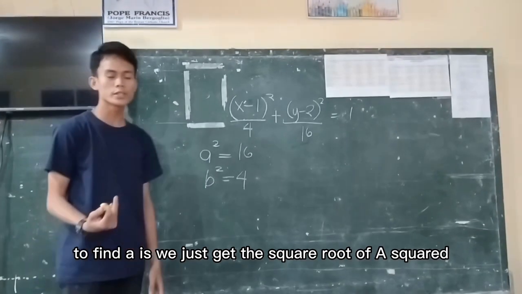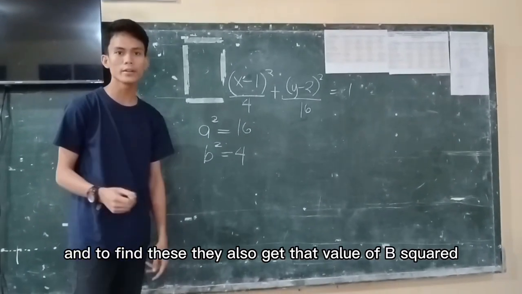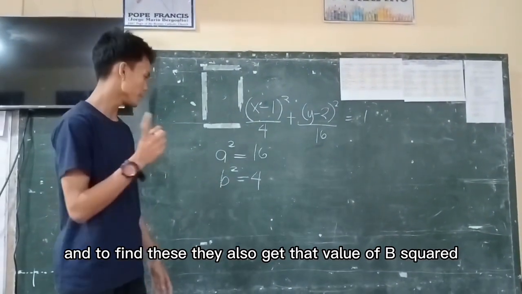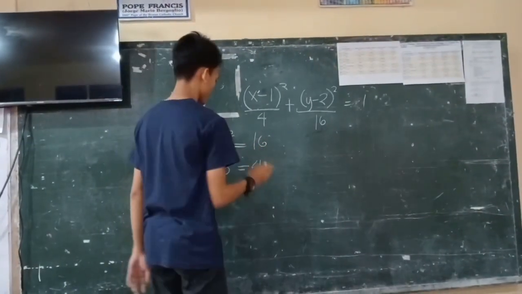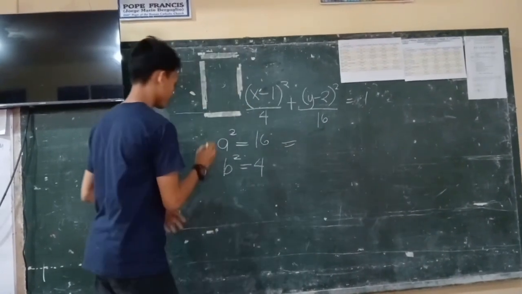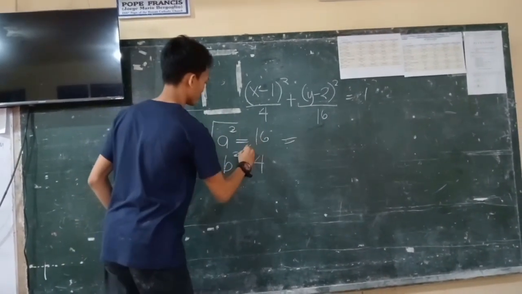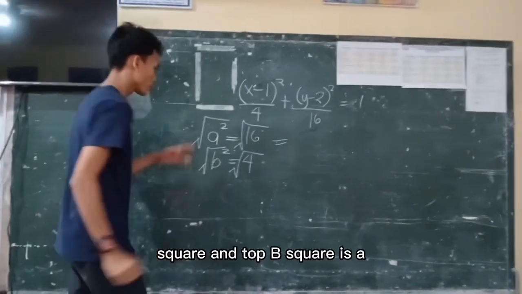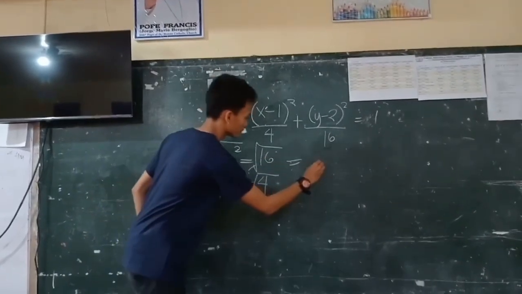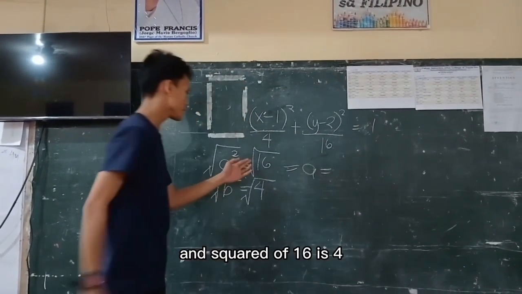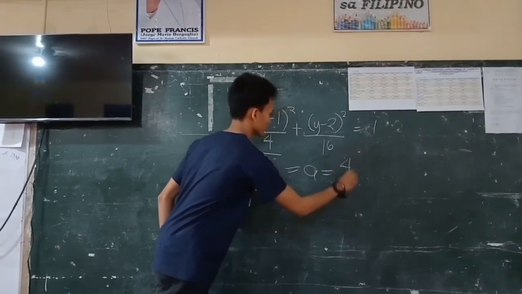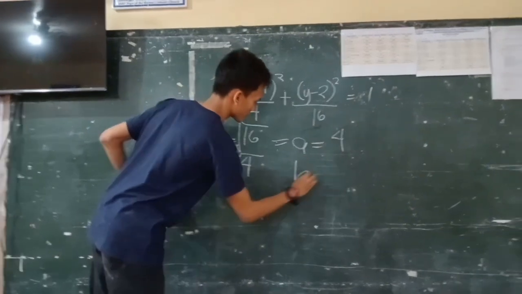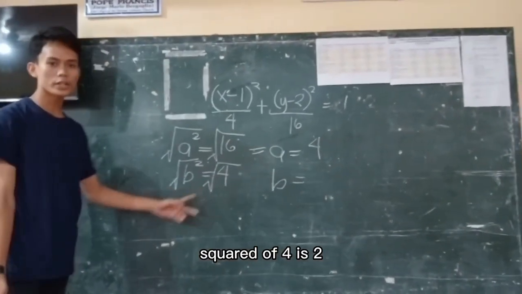To find A is to just get the square root of A squared, and to find B is just to get the square root of B squared. Square root of A squared is A, and square root of 16 is 4. And square root of B squared is B. Square root of 4 is 2.